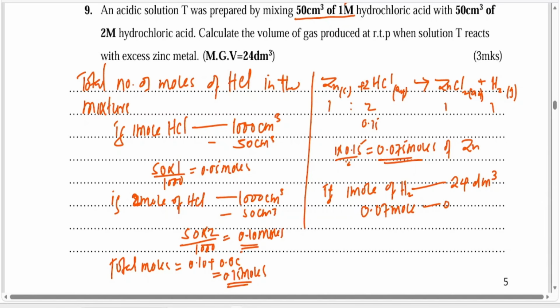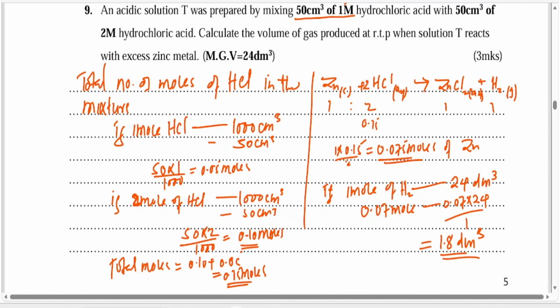So it's going to be 0.07 times 24. We divide by 1, and when you work it out, we obtain 1.8 liters. 1.8 liters, and that gives you 1 mark.